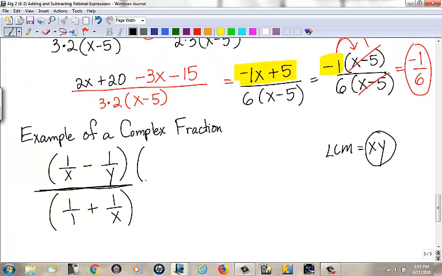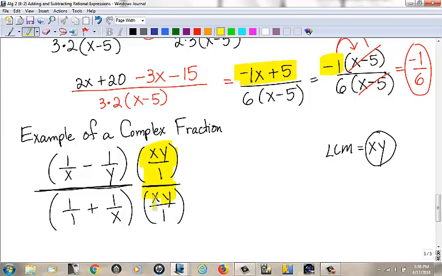So you're going to multiply by, and I'm going to write it, instead of writing it xy over xy, I'm going to write it xy over 1, because I need to multiply that numerator by that, divided by xy divided by 1. What is the value of this? What's xy over 1 divided by xy over 1? What's anything divided by itself? 1. So I'm really multiplying by 1. Okay? I'm not changing the value of the fraction.